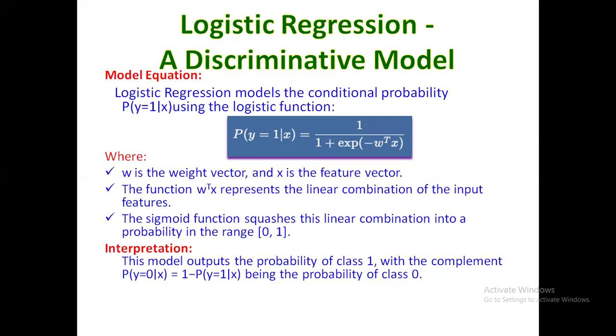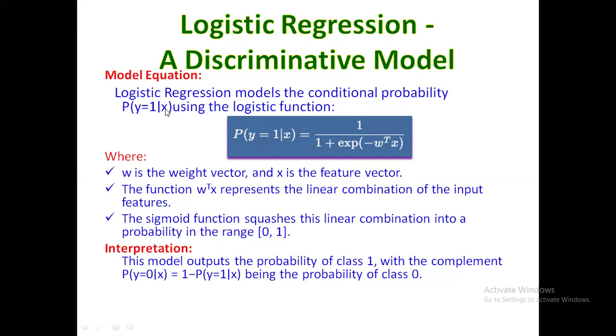It models the conditional probability P of y equal to 1 given x, using the logistic function. Here it represents the probability that the label y is equal to 1 given the feature vector x.